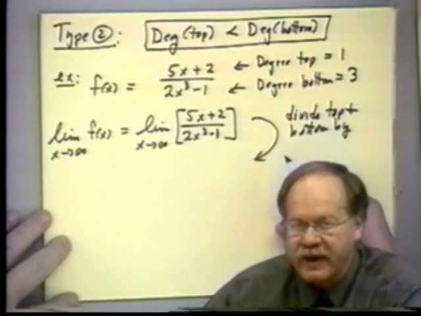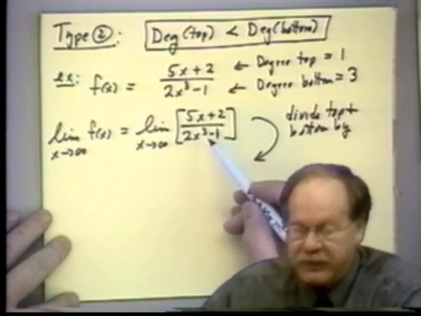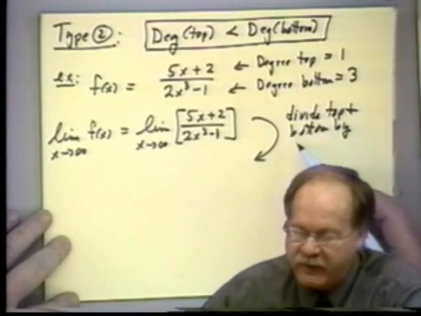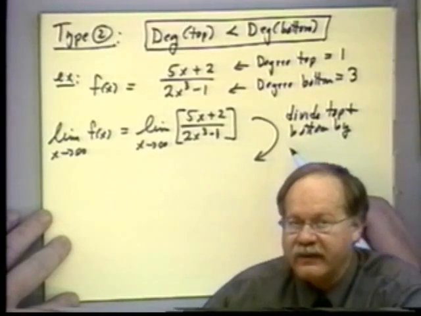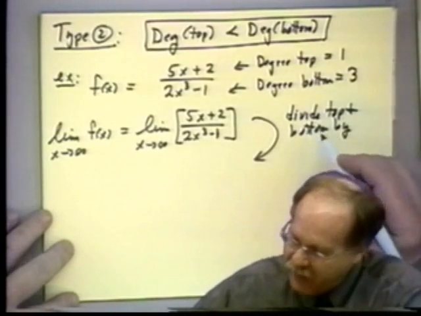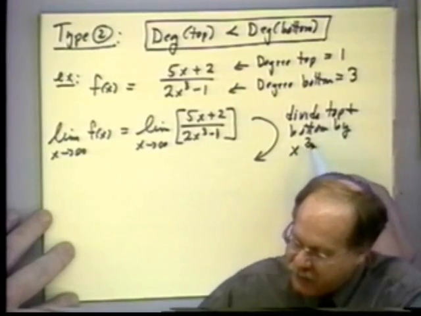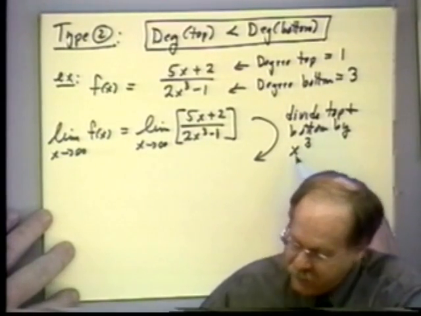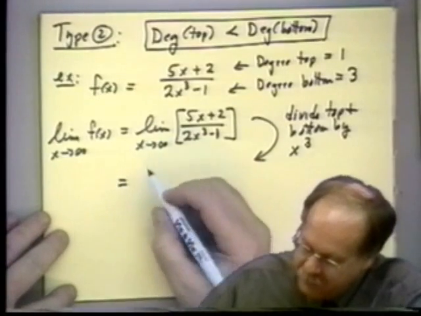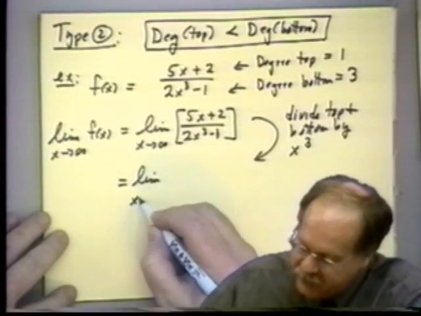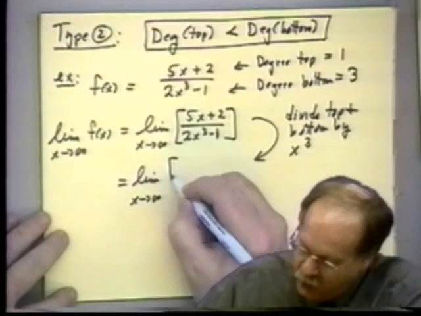Last time the degrees of the top and the bottom were the same. In this case, the top and the bottom are not the same. So which one do we divide by? Always divide by the higher of the two. Divide by, in this case, x cubed, because 3 is the higher degree of the two. Now, let's see what happens here. We have the limit as x approaches infinity.